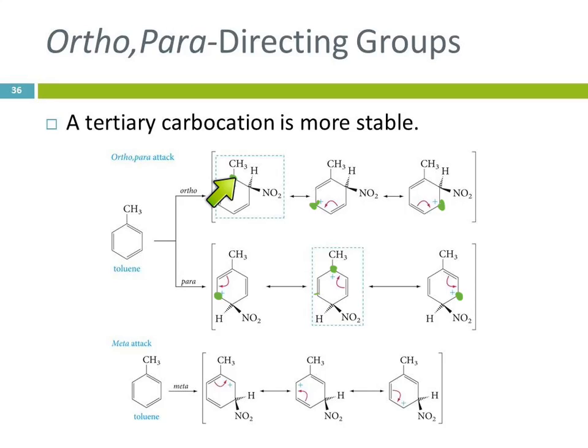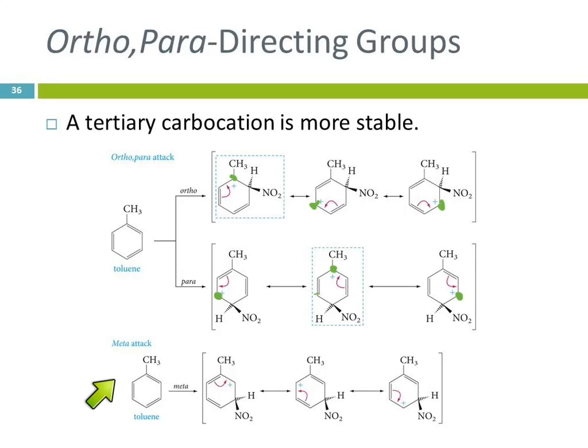So this is a tertiary carbocation. It's more stable. If we attack in the ortho or the para position, we can get that tertiary carbocation, which is more stable. So that's why the addition in this position of ortho or para is more likely to happen.